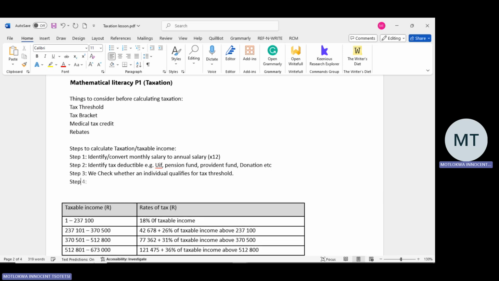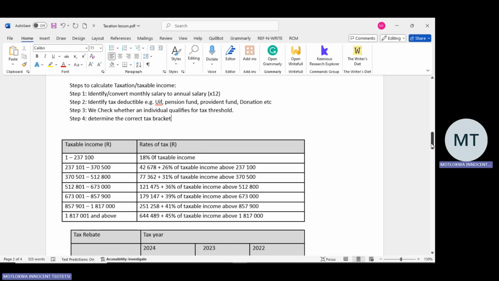Then we have step number 4, where we determine the correct tax bracket. When it comes to identifying the correct tax bracket, as you can see here, we have taxable income and the rate of tax. We have 7 columns, and these 7 columns are the tax brackets.